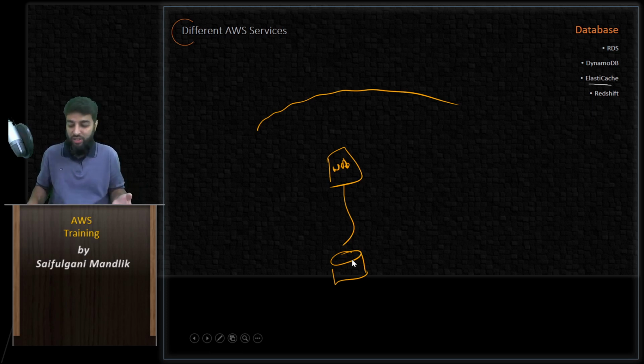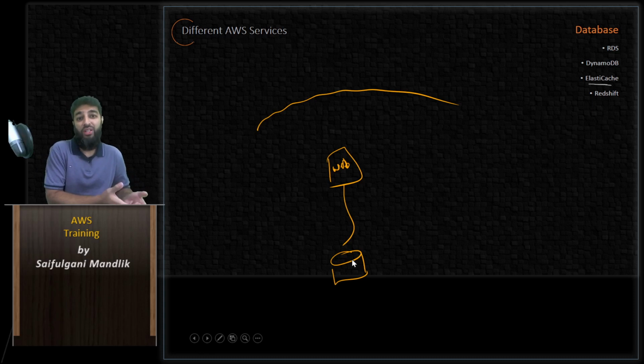What is the fastest storage that we know? Highest performance storage is the RAM, right? RAM is much faster than any SSD based hard disk or NVMe based hard disk. So the whole idea is: frequently used data, store it in a high performance storage so that you can retrieve it faster.